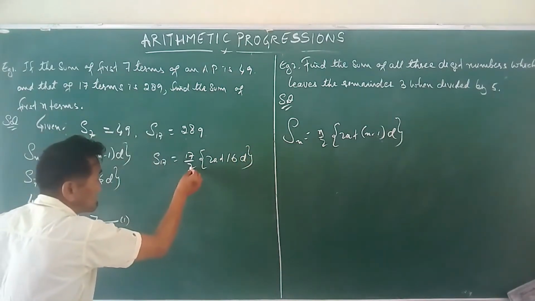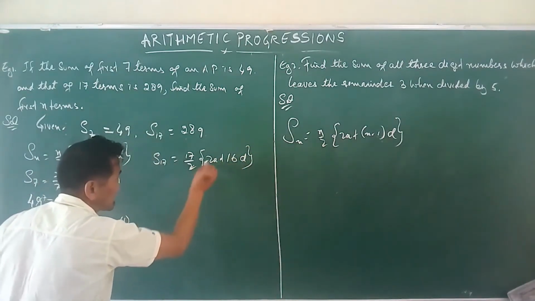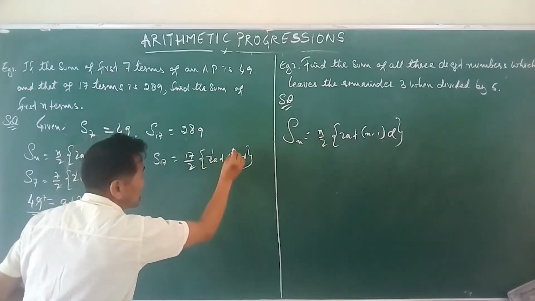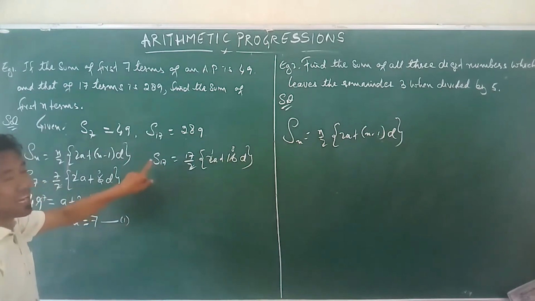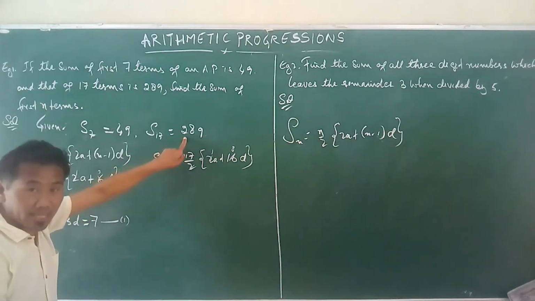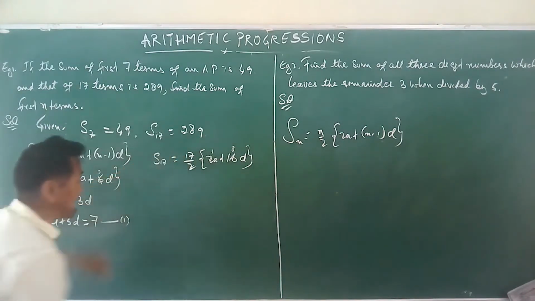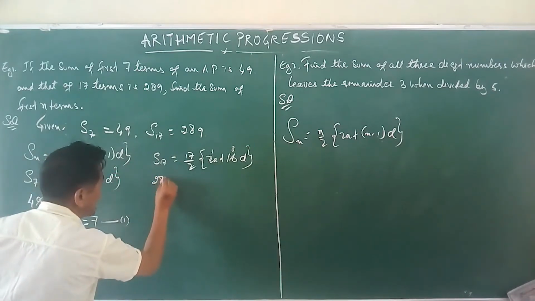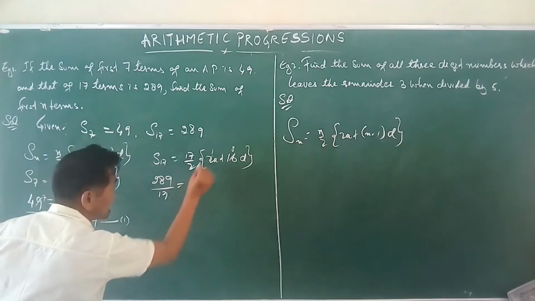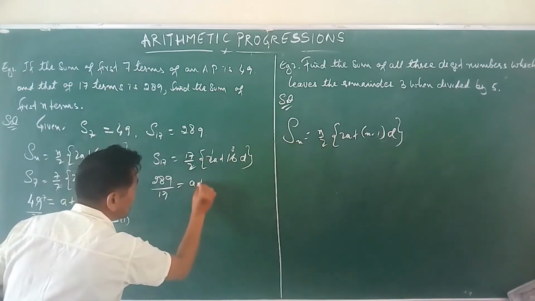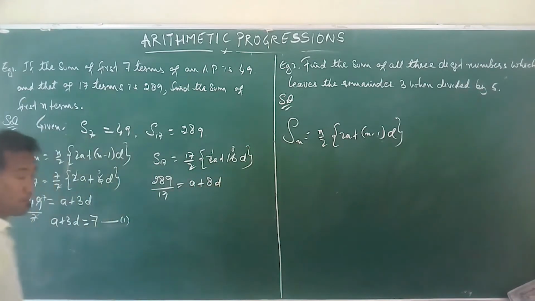Again it's similar here. You just cancel here. 2 ones are 2, 2 eights are 16, and 17 comes here. And what is the value of the sum of 17? That is 289. So 289 divided by 17, which is equal to, what is left here? a plus 8d is left.